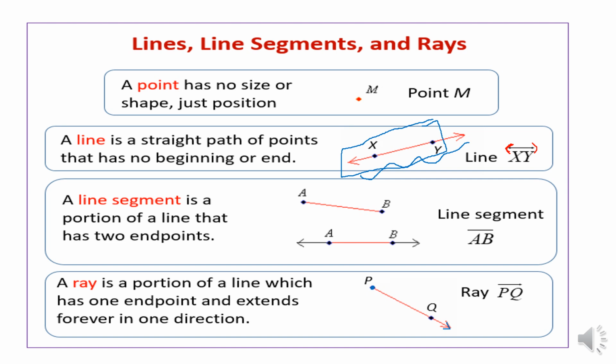I will say, for example, the ray PQ. And to make it more clear, here I have only one arrow. It has at one end the endpoint like this one, and in one direction it contains the arrow. This is the difference between the point, line segment and ray.